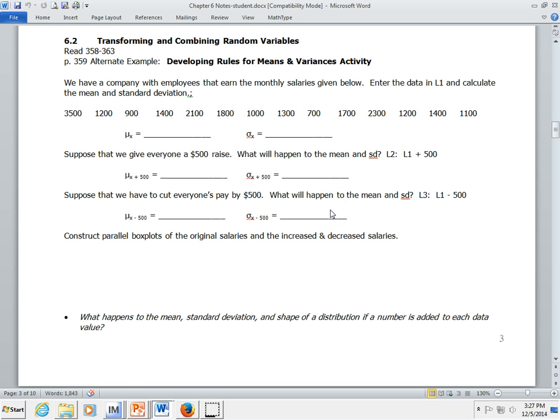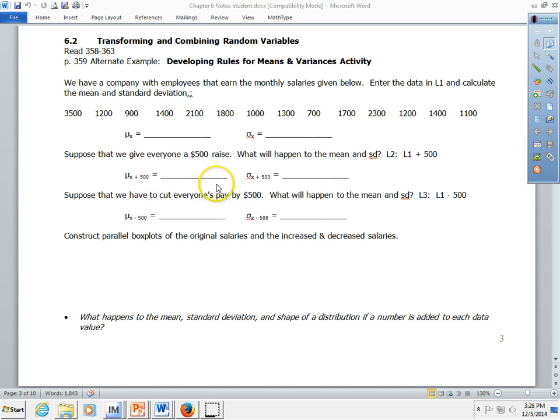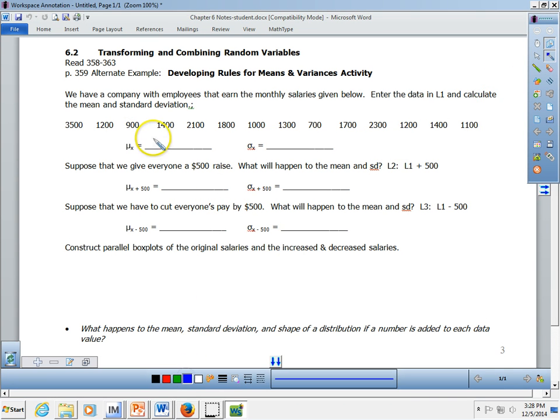Okay, so the mean salary for the employees of this company is $1,542.86.